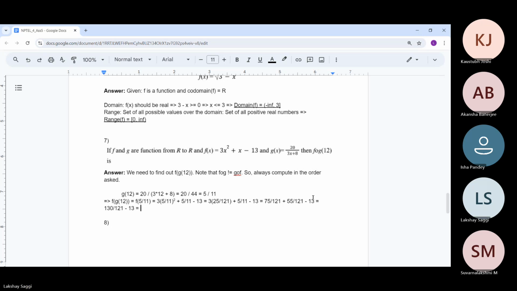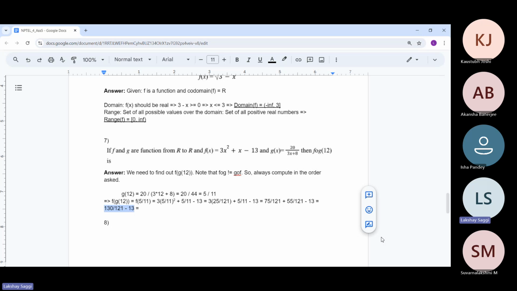So what does this come out to be in terms of fractions, guys? You can do it using your calculators. This will come out to be 30 times 121. 13 times 121 minus 130.